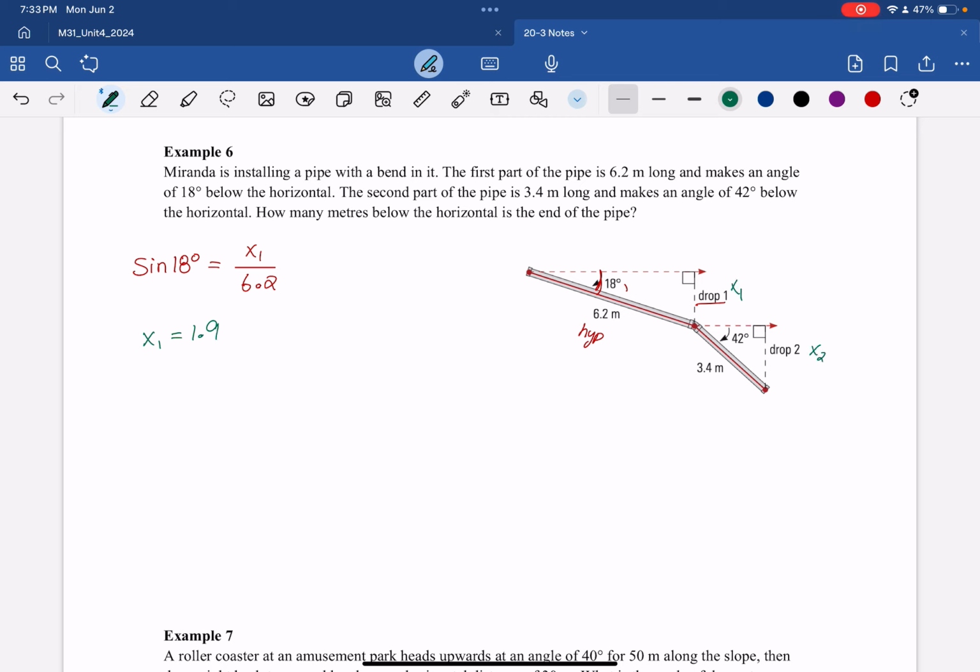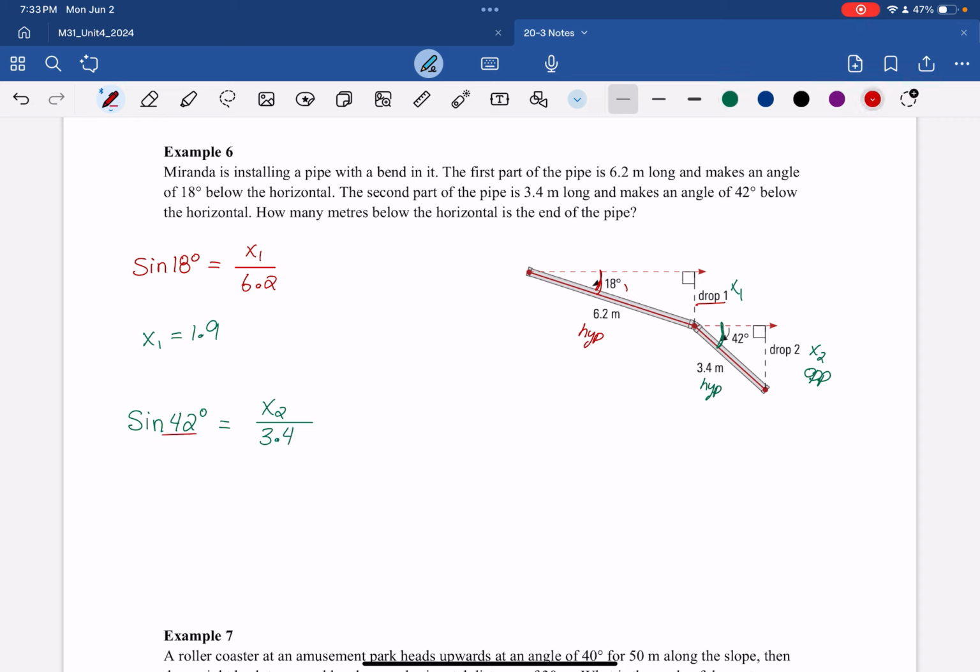I'll call this x2. So then I'm going to do the same thing to figure out drop 2. I have my hypotenuse, I have the angle, and I'm looking for the opposite here. So I'm going to take sine of 42 degrees equals my opposite, which I said is x2, over 3.4.